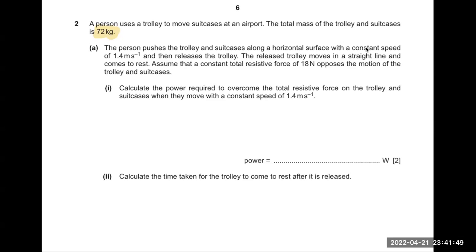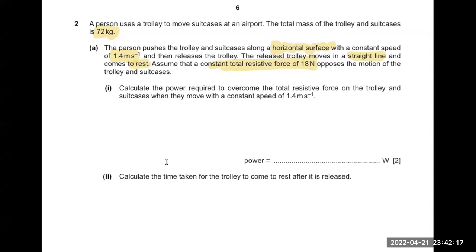So there's a horizontal surface, and the speed of the trolley is 1.4. And when released, the trolley moves in a straight line and then eventually comes to rest, which basically implies that there are resistive forces. Assume that a constant total resistive force of 80 newtons opposes the motion of the trolley and the suitcase.